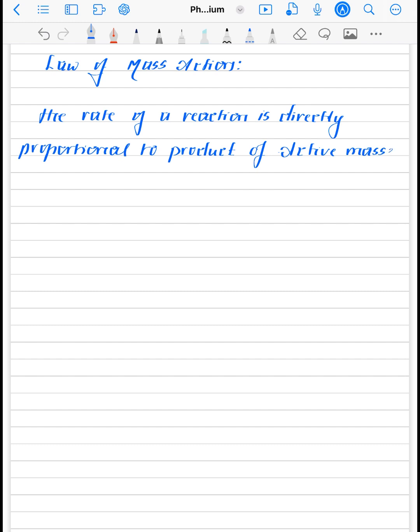Now when we speak about active masses, it refers to the concentration.